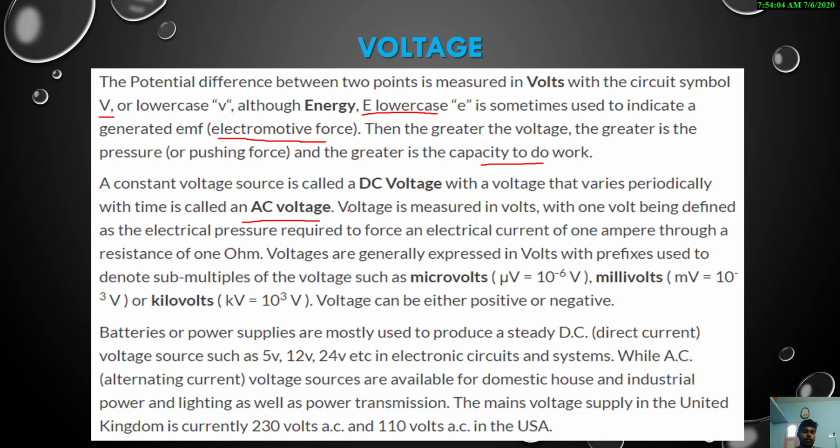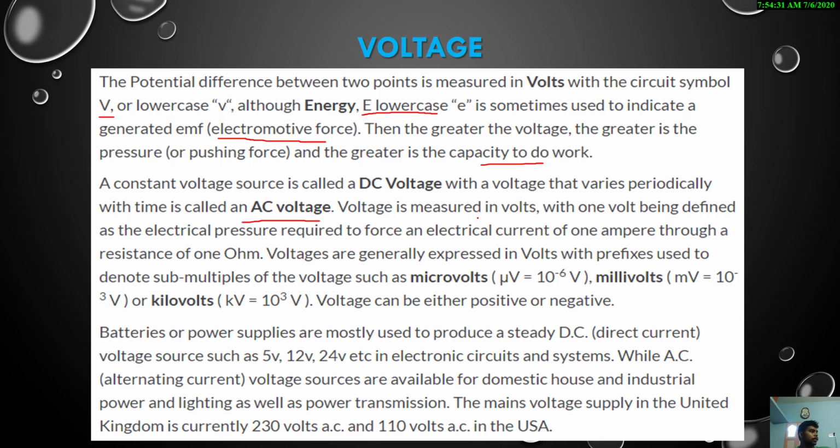For example, the supply that we take from a battery is called a DC or constant voltage source, and the supply that is coming to our home, for household or residential areas, is called an AC voltage source.